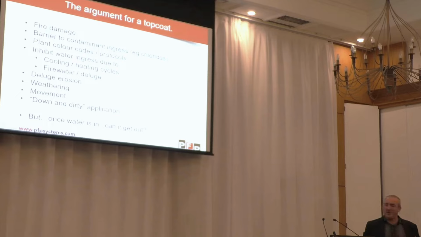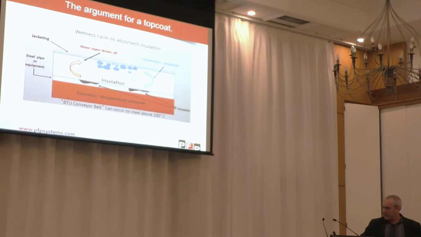But once water's in, can it get out? Water's going to get in. There's a corrosion under insulation model that suggests that if there's a jacketing, you run the risk of creating a water conveyor belt within the system.